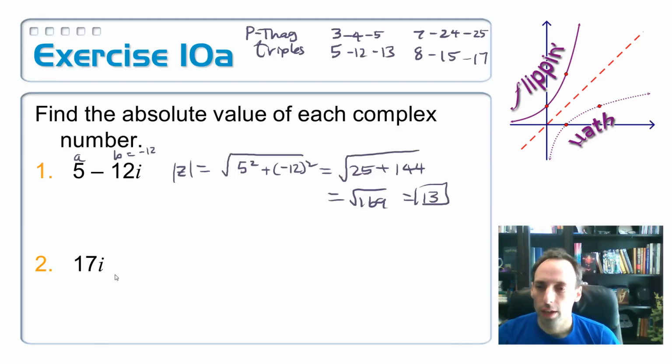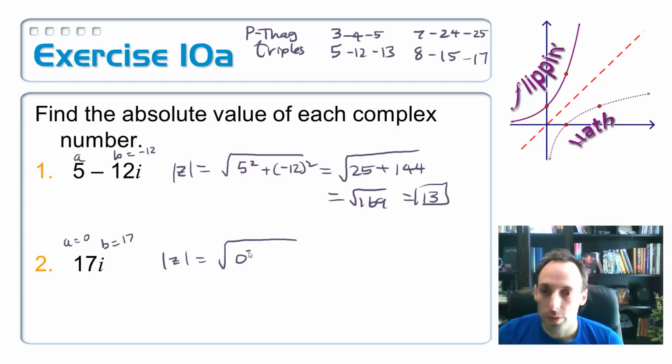Okay, let's look at part 2 here. So here my A is equal to 0 and my B is equal to 17. Of course you don't have to write all this down, but I'm just making sure I show all the steps here. Square root of 0 squared plus 17 squared is equal to, well, this just cancels out, and I've got 17 squared, and taking the square root of that, it's just 17.